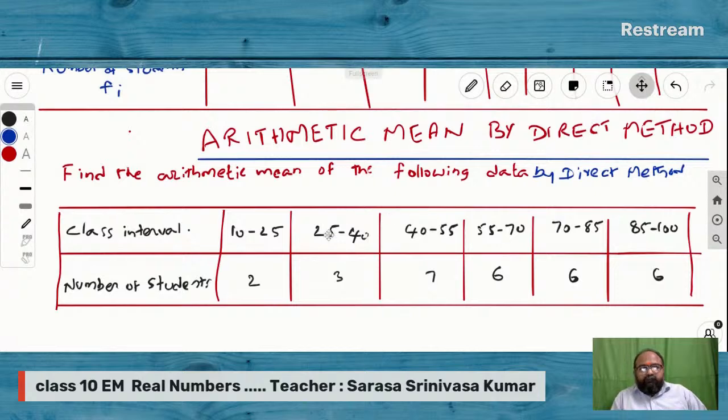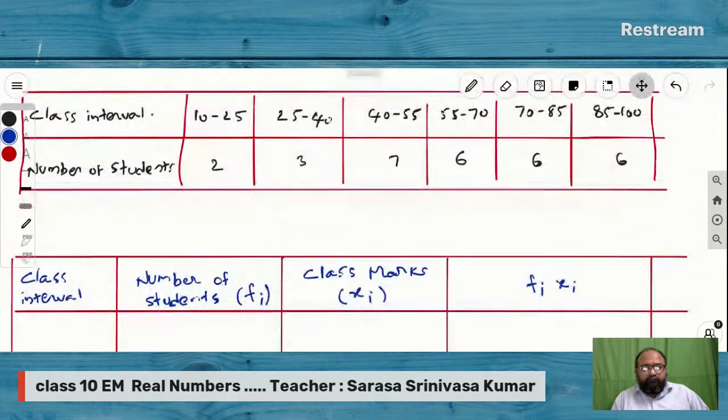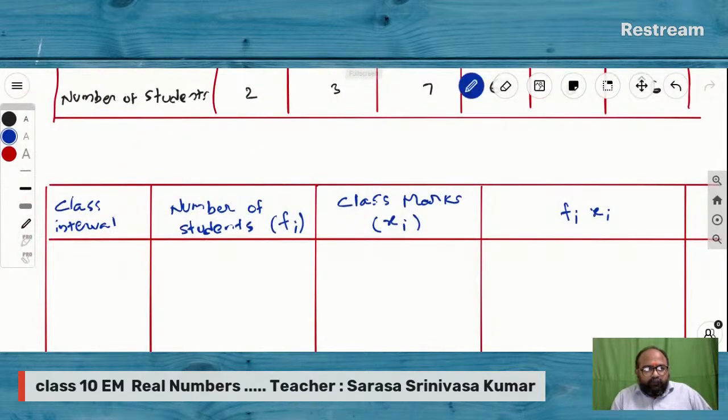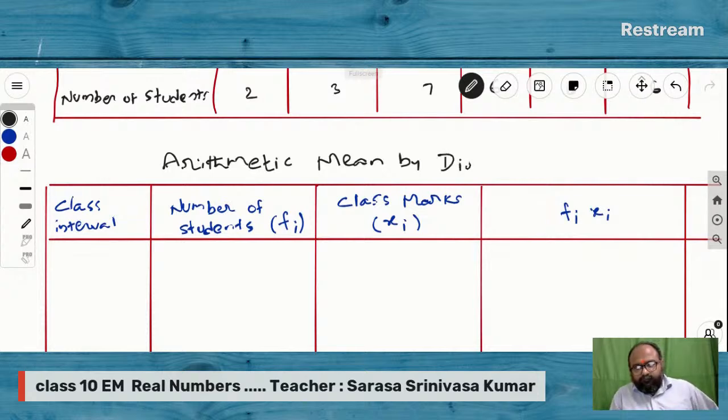So we will write here also: arithmetic mean by direct method.